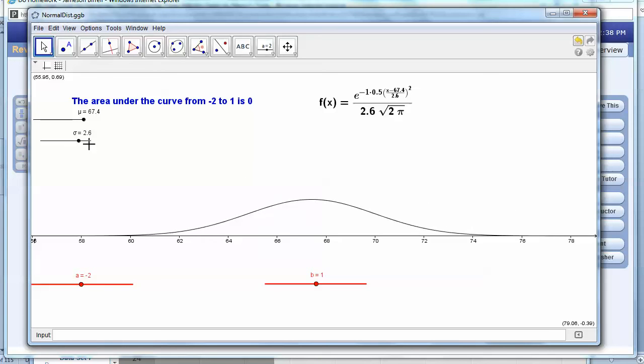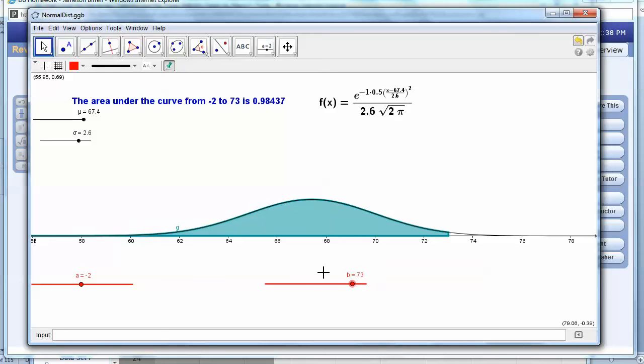That's because the standard deviation for the standard one is 1, and we've changed it to 2.6, so the standard deviations have become longer, wider, and so this curve has gotten wider. Now we can adjust it by going back to the vertical scale and changing the scale so it looks different. But why not just leave it like it is? It gives us perspective. All right, now we want this to pull over here.